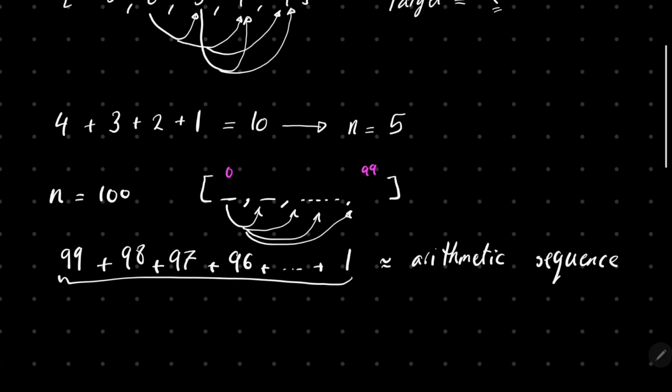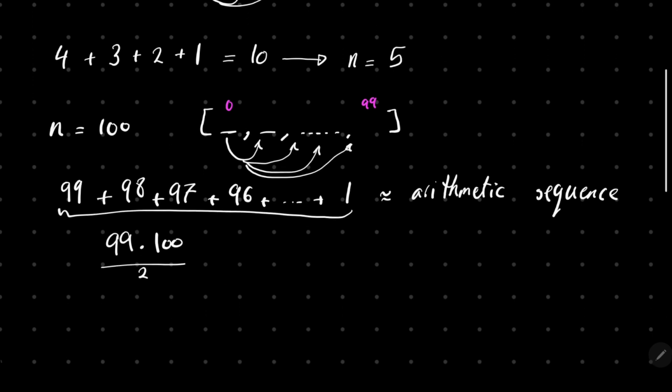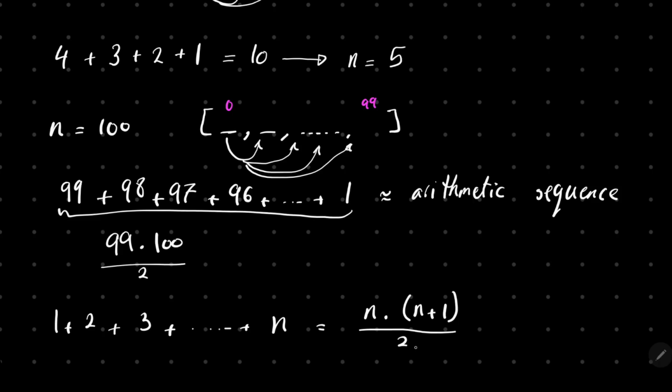And it has a formula. When you add all these numbers up, you will actually get 99 multiplied by 100 divided by 2. So in general, if you have 1 plus 2 plus 3 plus and so on until n, this will sum to n multiplied by n plus 1 divided by 2.